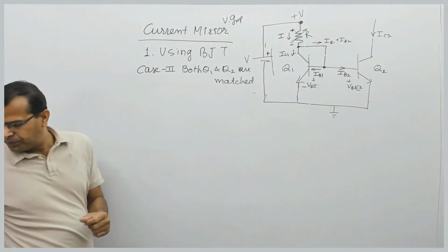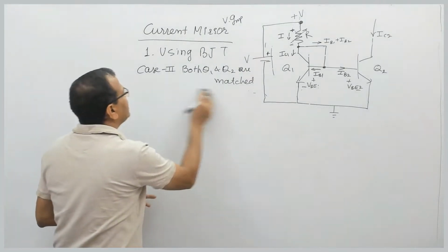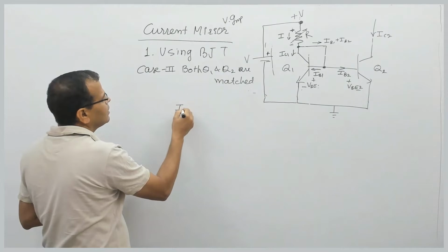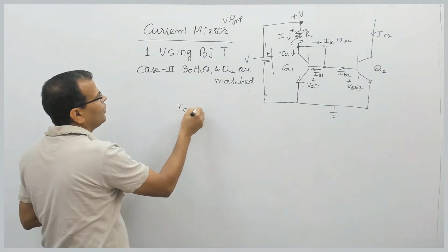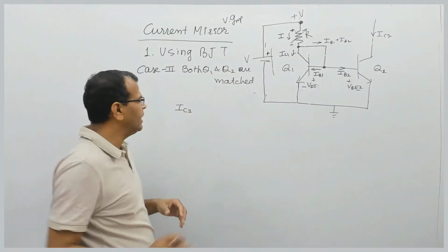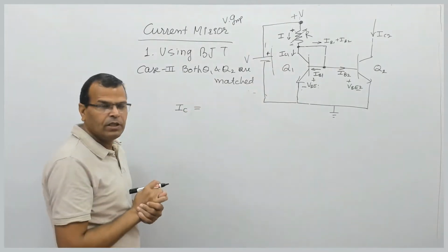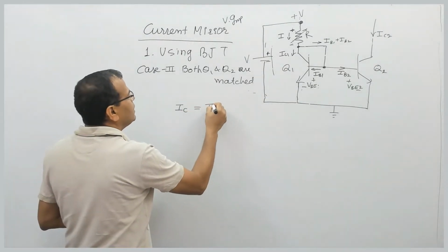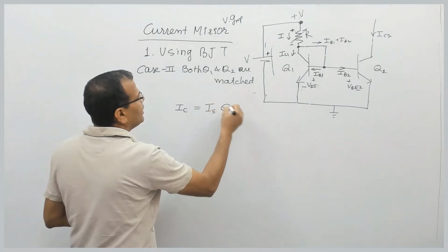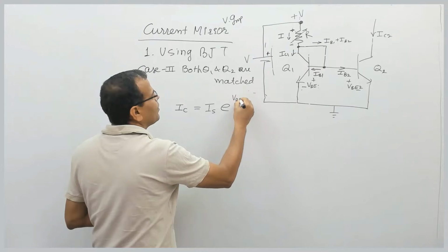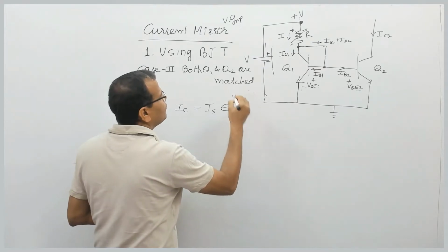That is the collector current of Q2, or you can say the collector current of a BJT is given by, what is the expression? Saturation current IS e raised to power VBE upon thermal voltage VT.